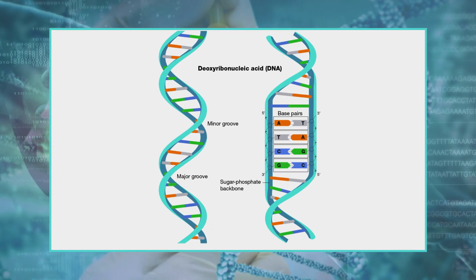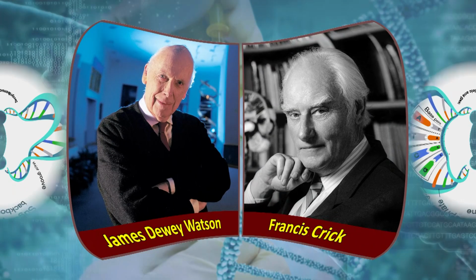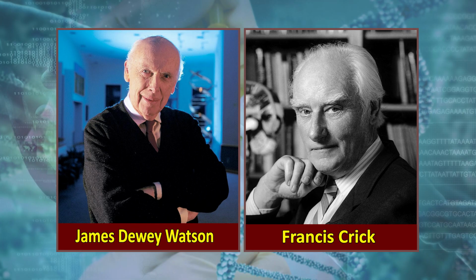The double helix structure of the DNA molecule was later confirmed through experimental data by James Watson and Francis Crick. Finally, it was proved that DNA is responsible for storing genetic information in living organisms.